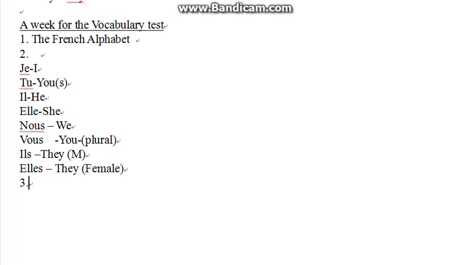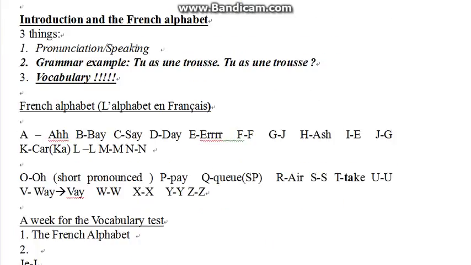So, third thing you're going to learn is the conjugation of the verb avoir, which means to have. If I screw up, you can see I used it in the grammar example.